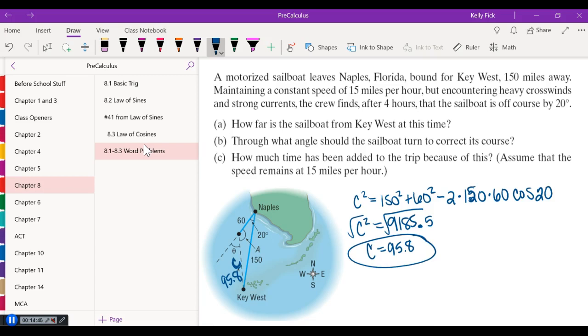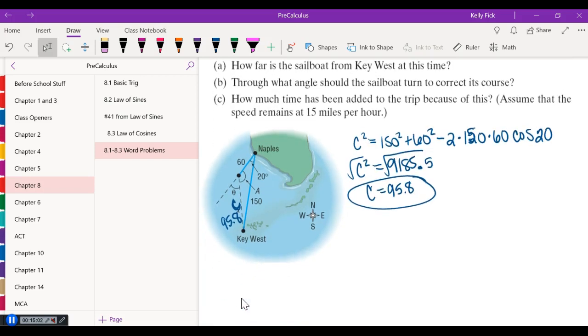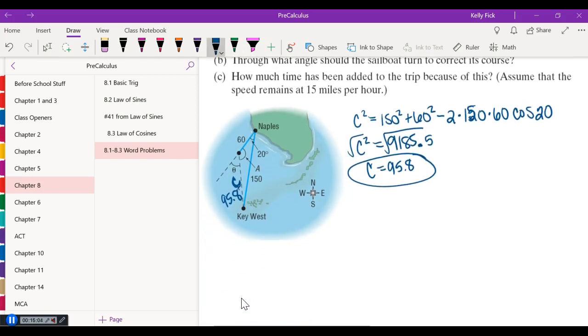B, through what angle should the sailboat turn to correct its course? Okay, so what we're looking for is, it's driving straight. What should it turn, this theta here, so that it's on the right course? Okay, so I'm going to do sine of angle A over 150 equals sine of 20 over 95.8.